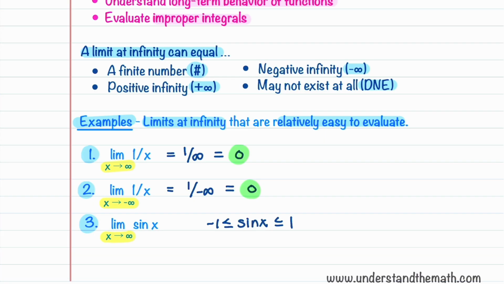When we take the limit of this function as x gets really large, that oscillation is going to continue, so our function is not going to settle down to one value. So we say that the limit as x goes to infinity of sine x is equal to DNE, which means that the limit does not exist.